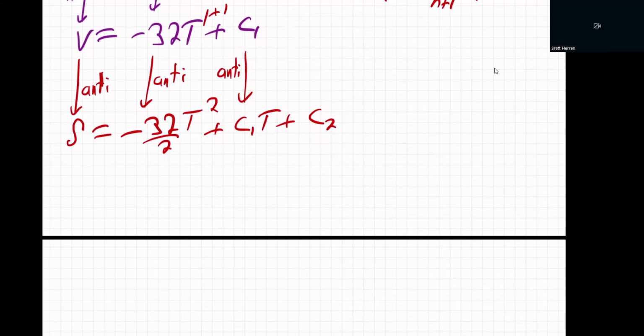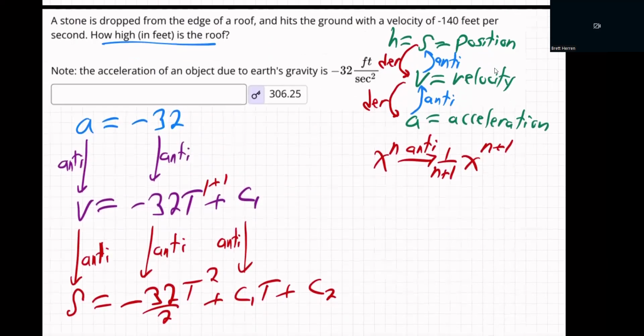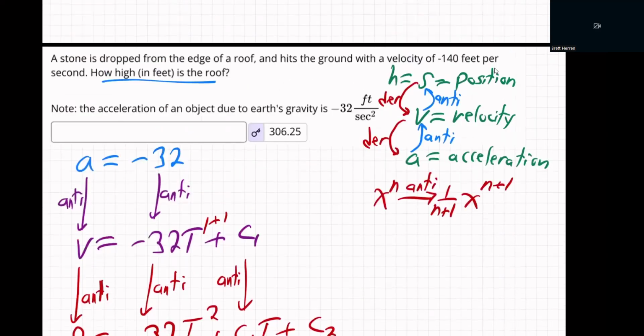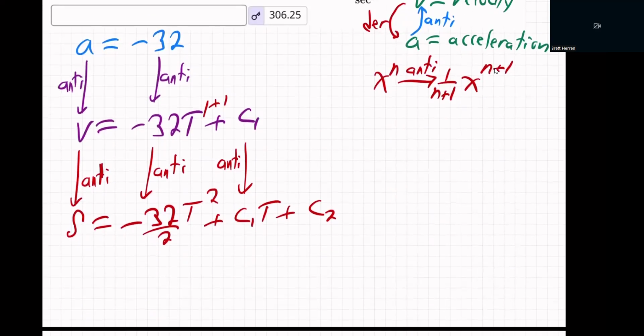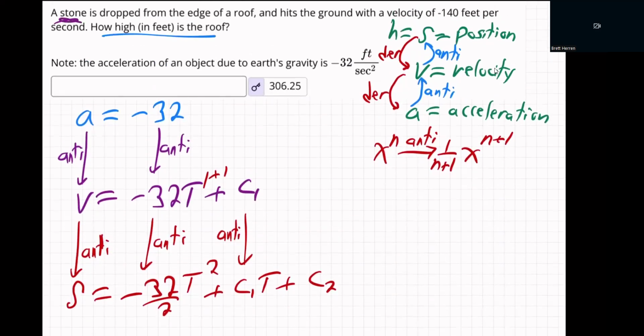Wait a minute, sorry, I made one small mistake. We know that C1 is 0. Here's why: the stone is dropped from the edge of a roof, so the velocity at time 0 is 0.